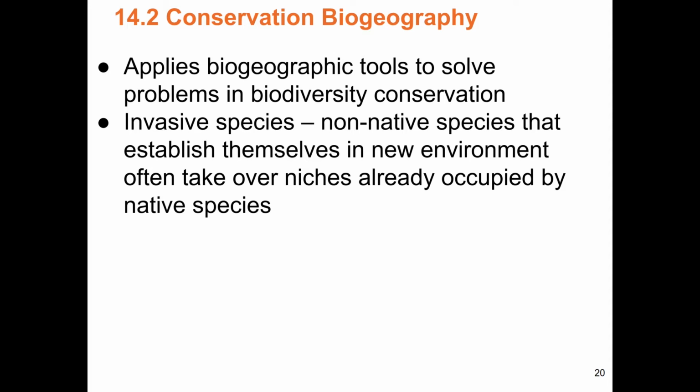The reason that they can do that, and part of the problem, there's 2 problems with invasive species, and it kind of centers around the fact that because they're strangers, nobody eats them. So because they show up and there isn't necessarily a predator, their population explodes. Nobody wants to eat them, so they just keep reproducing.